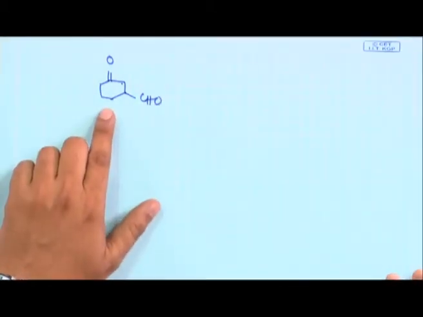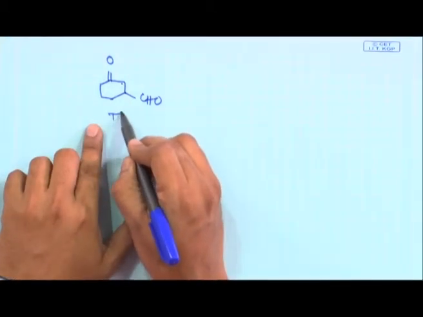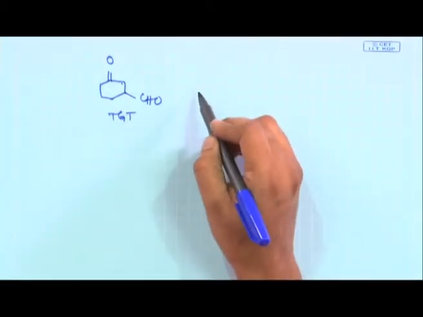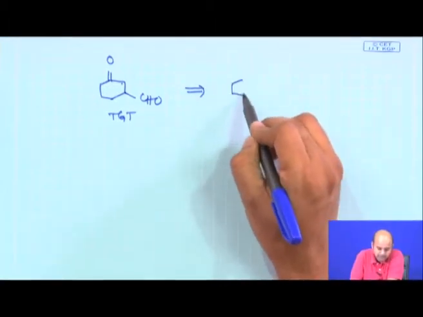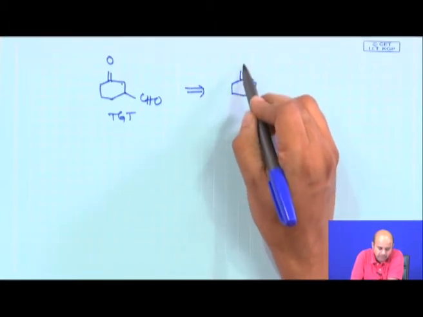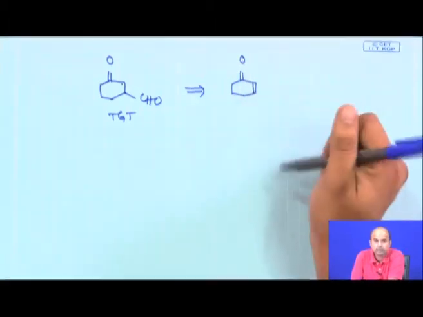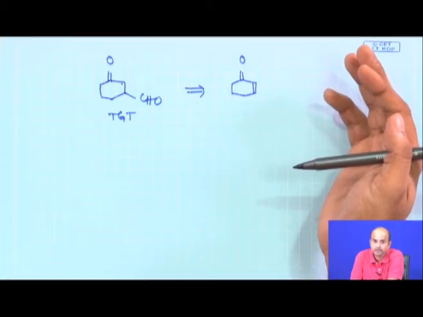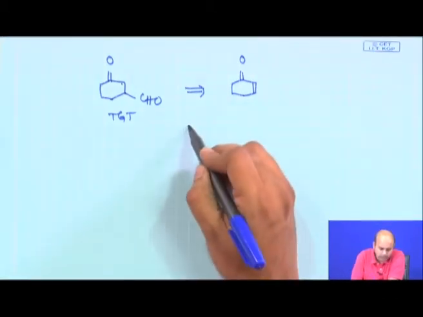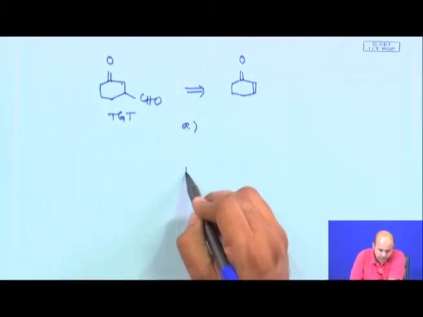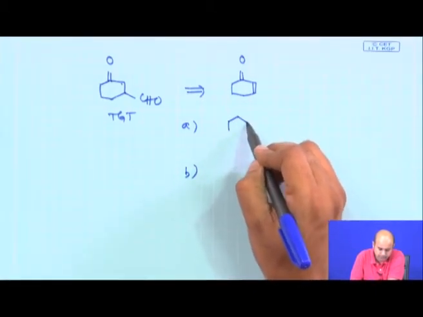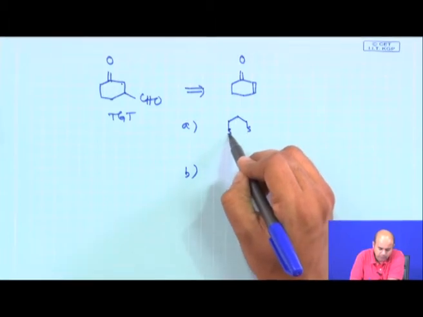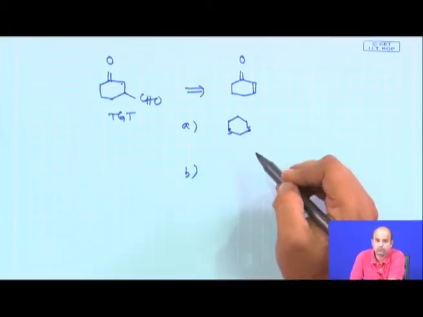This is a similar problem. If I give you a target molecule like this, but the starting material I have not provided, let us say I am giving you this, then what will be your approach? Same line, same way, you can think of it. You can take two different routes. You can take the dithiane route, which is this route.